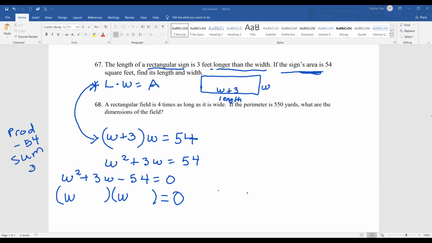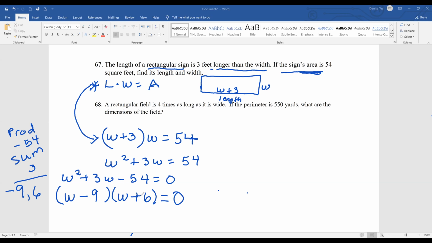What two numbers multiply together to get negative 54, but add together to get 3? Negative 9 and 6. Let's check it out. You multiply them together to get negative 54. That's right. You add them together to get 3. Okay, very good. So your factors become W minus 9 and W plus 6.